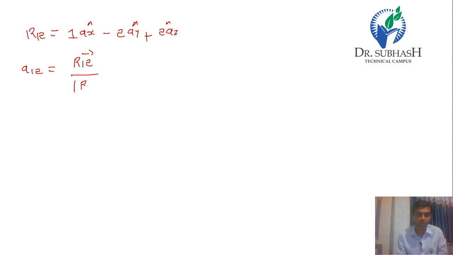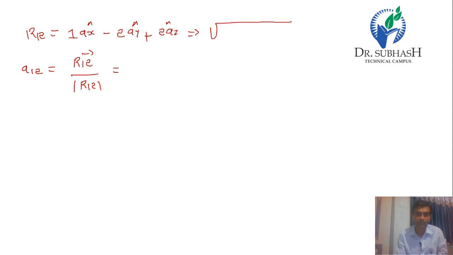So we can say that r12 is equal to 1ax minus 2ay plus 2az, and the unit vector can be rewritten as a12 equal to the position vector r12 upon the magnitude of r12. First we find the magnitude of r12.